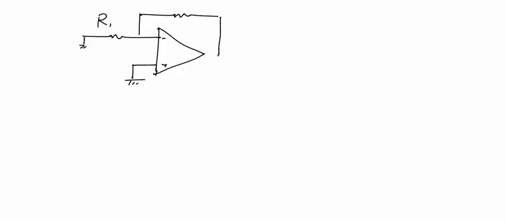Now if op-amp is used in feedback, suppose we have this circuit. Here also both the inputs are grounded. If we want to calculate here the output offset voltage, then output offset voltage can be calculated as VOO equal to A into VIO.